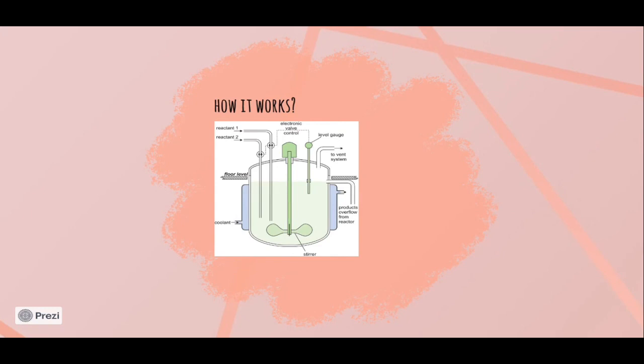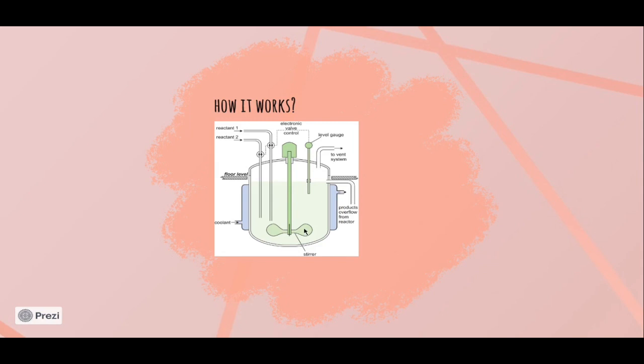So this is vessels for reactant 1 and reactant 2, and this is the controller. This will control this valve or vessel, this valve, and this is vessel for product to flow out from the reactor.